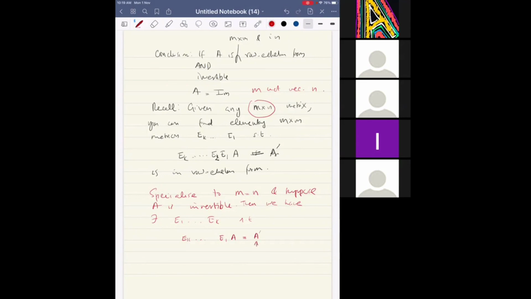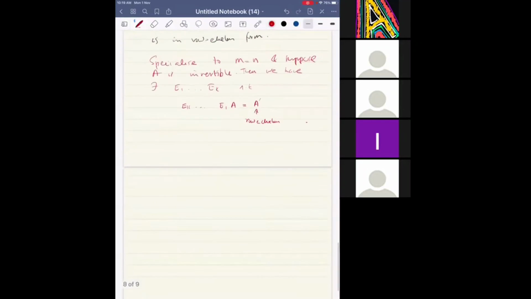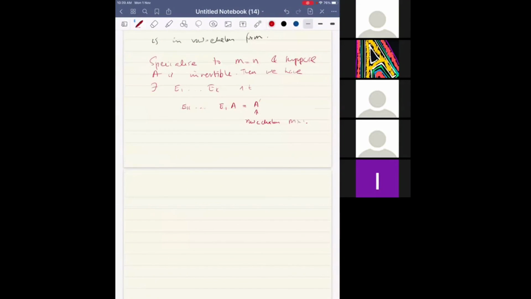Now this is in row echelon form, M cross M. And since A is invertible and elementary matrices are invertible, this is invertible.